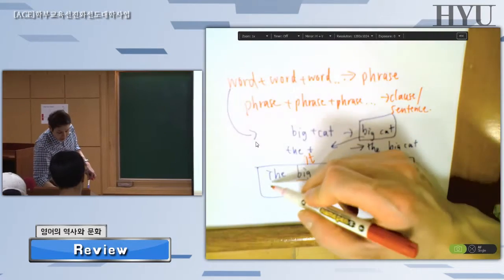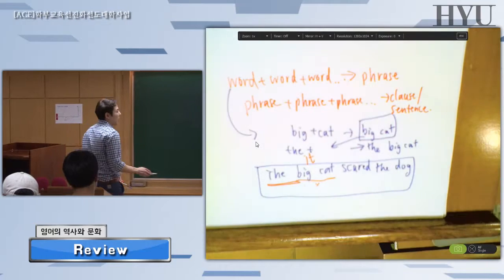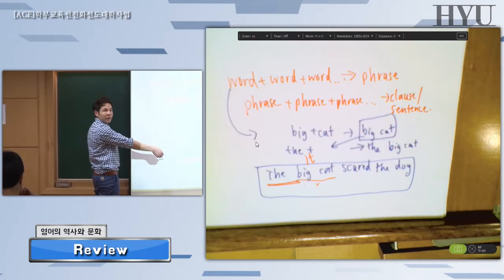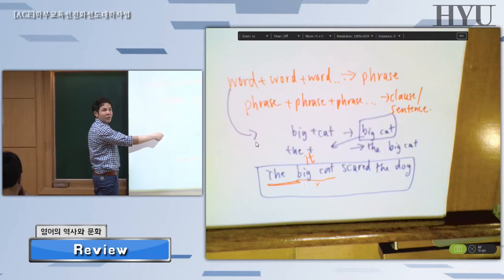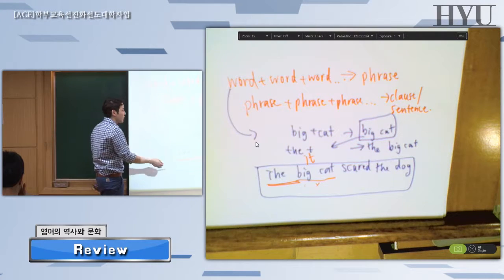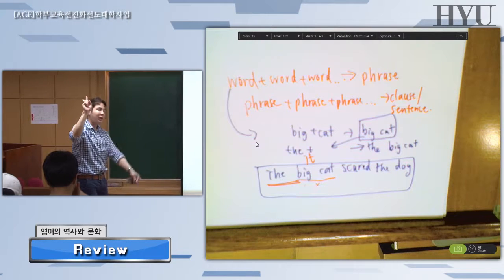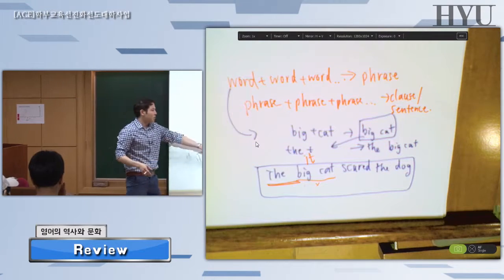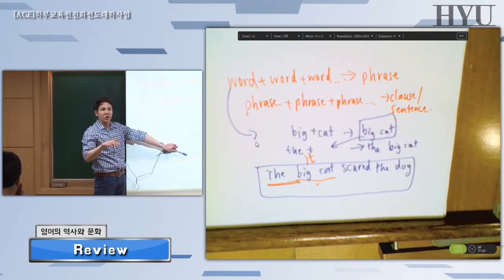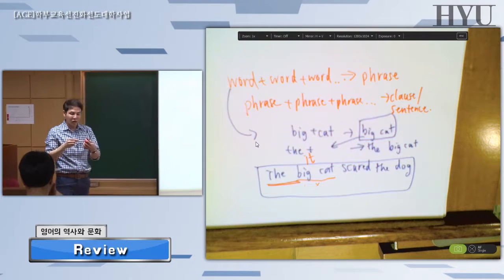So we have to underline the. And then after we do that, we can do the substitution. We can say it scared the dog. It works, so in this case, the big cat is one constituent. Just big cat is part of the constituent, not the whole constituent, not the whole phrase.